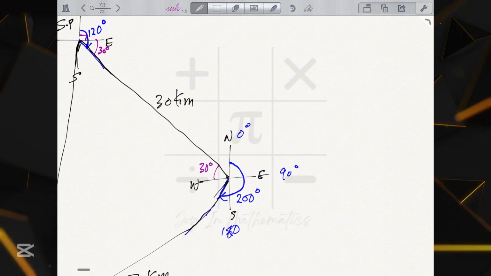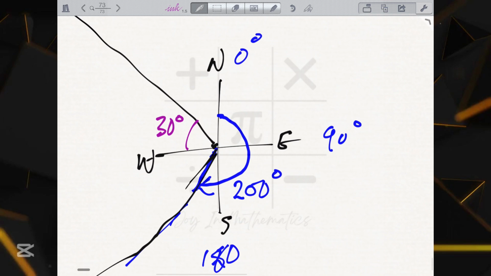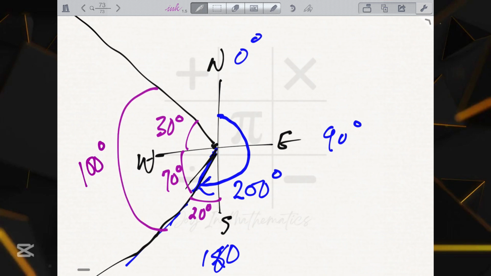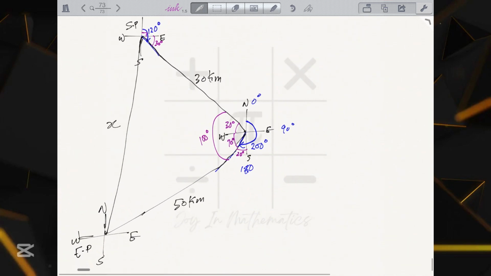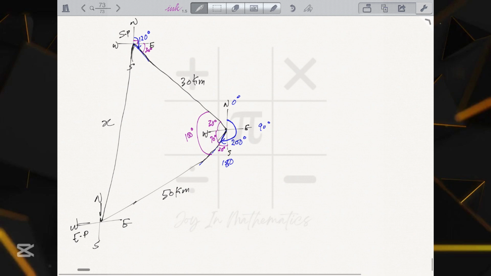And similarly, if you apply this one, we will have 20 degrees here, and once we have 20 degrees at this point, the remaining angle at this point will be 70 degrees, because the sum of angles in the quadrant is 90 degrees. Definitely the sum of angles at this point is 100 degrees. Now we can draw the triangle.